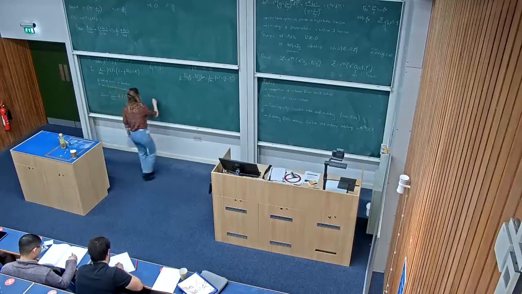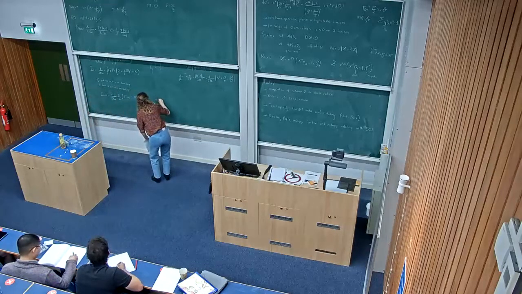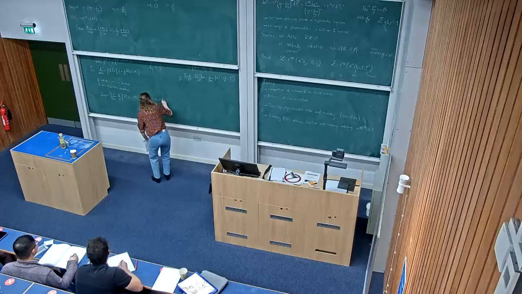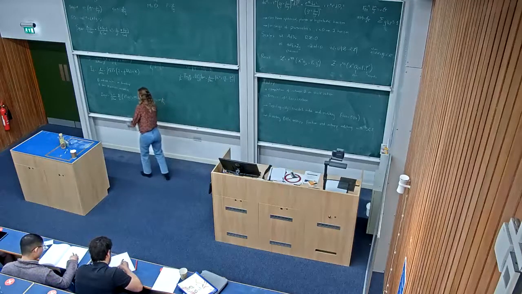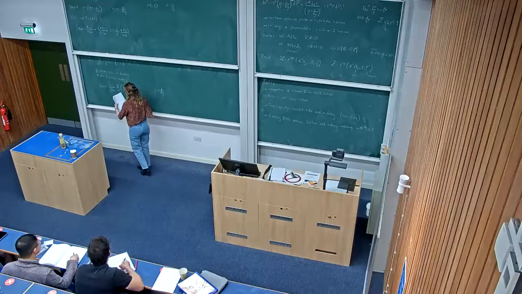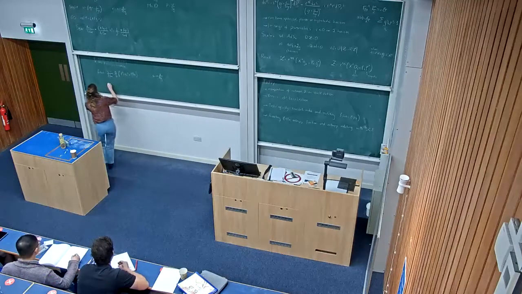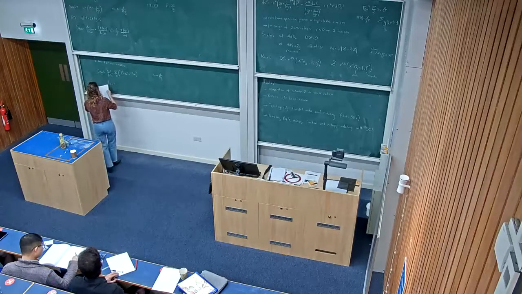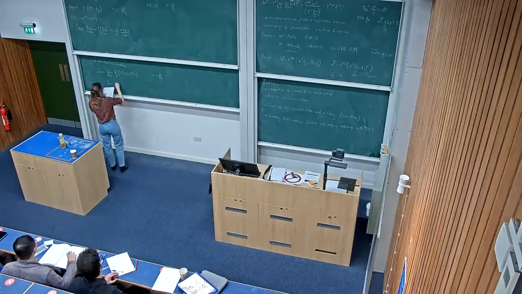So if you take the extremal limit, which means that r plus goes to 1 over 2 square root of 2g, you get exactly that the on-shell action, which I call I extremal, equals this one.